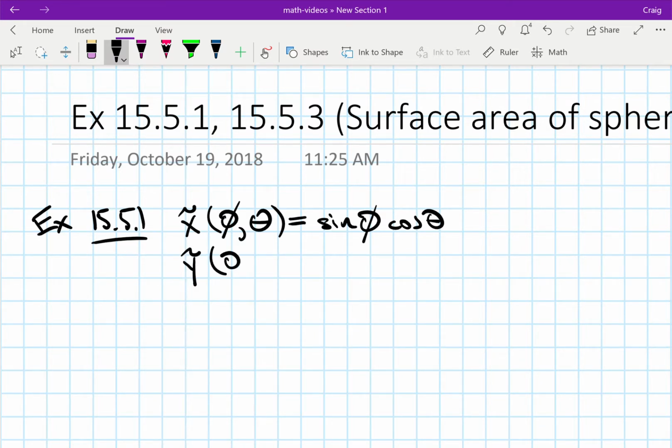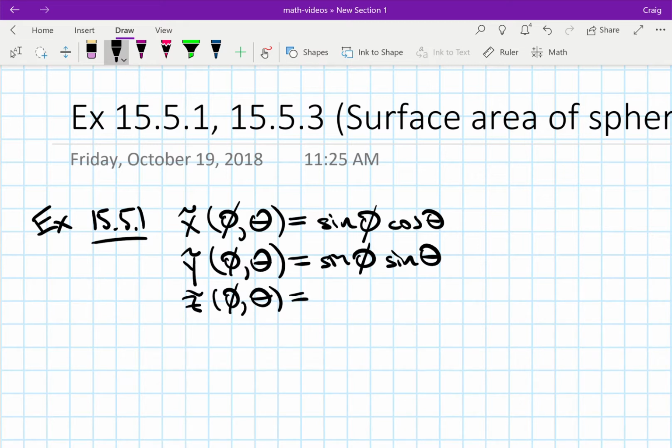Y is equal to the sine of the latitude times the sine of the longitude. And z, of course, better not depend on longitude. It's just the cosine of the latitude.